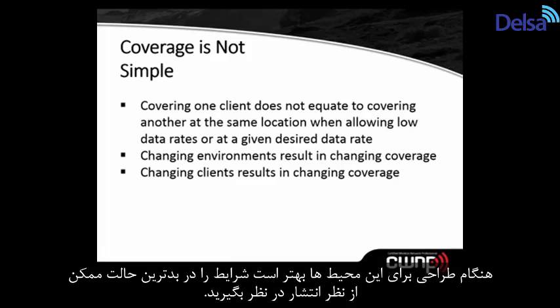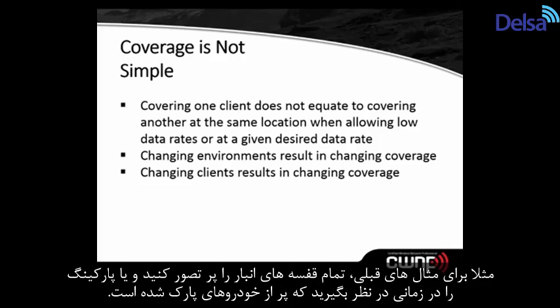So in these changing environments, it's often best to design for the environment in a kind of worst case scenario related to propagation. For example, when all the shelves in a warehouse are full, or when there are several trucks in the area instead of no trucks in the area, and these kinds of things. So we want to think about that when we're designing for those environments.